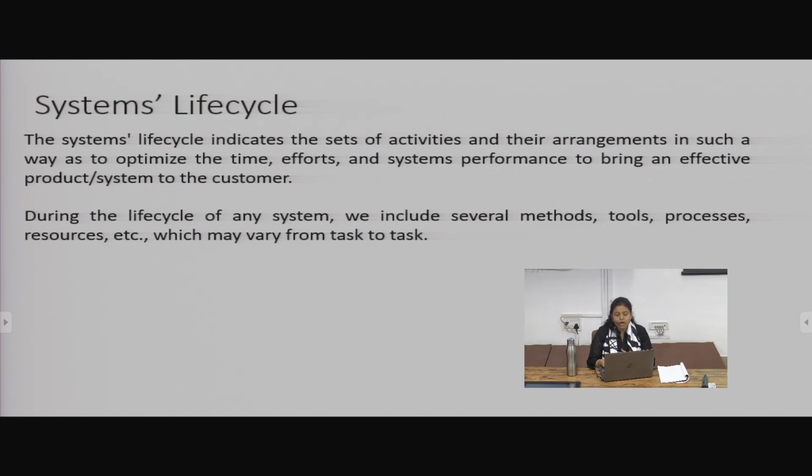So we can think of systems as entities that are conceptualized, produced, and utilized for different purposes. Many times we just focus on the development phase, and then we talk about the system or product development life cycle.